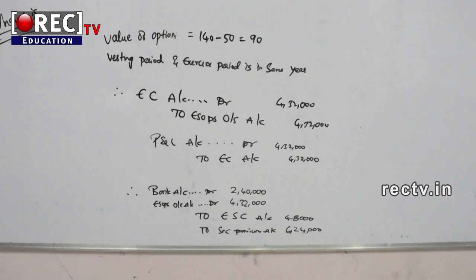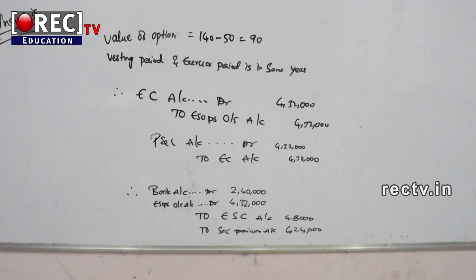So the entry is P&L account debit to employee compensation account 4,32,000, and lastly bank account debit, so 4,800 into 50, so 2,40,000, and the ESOPs outstanding account debit 4,32,000. It is the amount of 4,800 into 90 rupees, and to equity share capital account 48,000, to securities premium account 6,24,000.